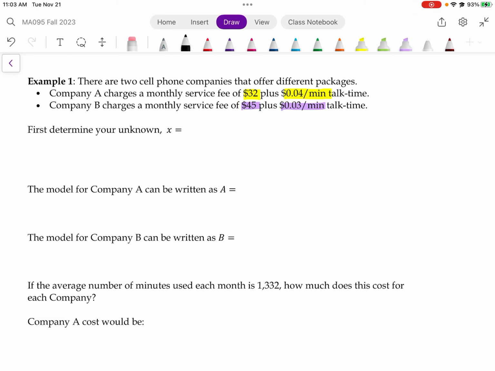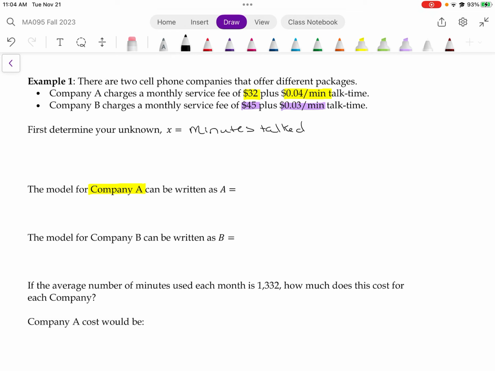All right, so the first thing we want to do is determine your unknown. So X is going to be your minutes talked. I would usually use things like T or M, T for time, M for minutes, but because this is similar to a problem in the homework and they want you to use X, I'm going to use X. All right, so the model for company A, so that's the yellow one, can be written as, so think about your rate of change.